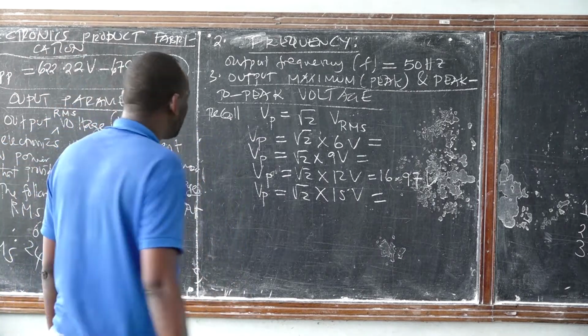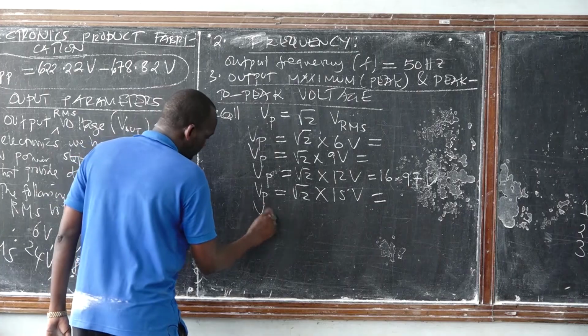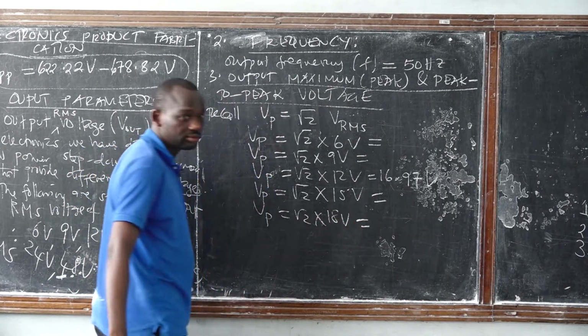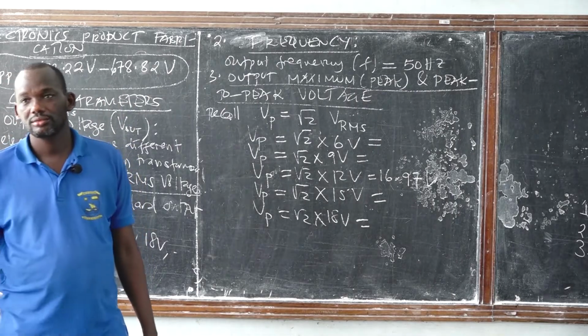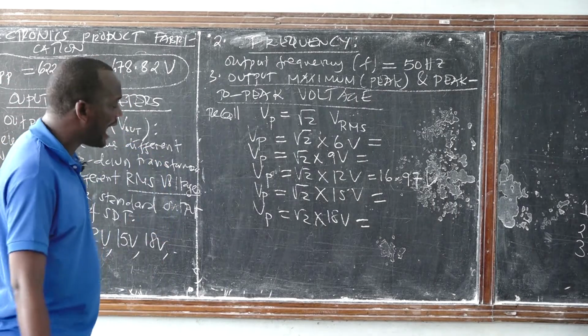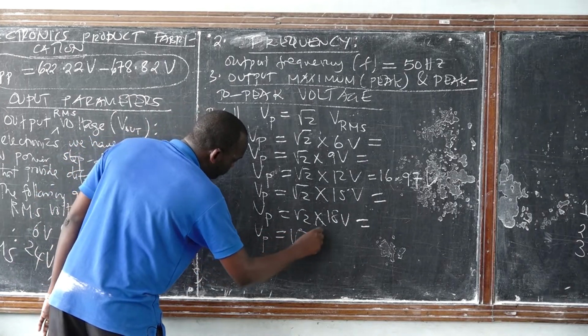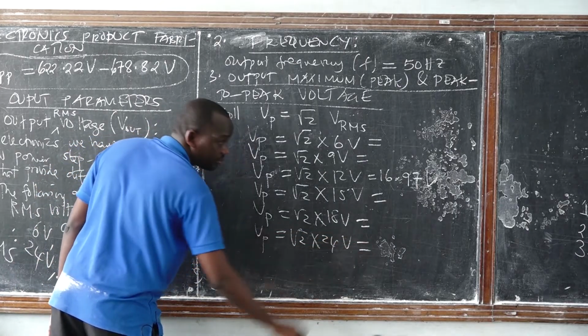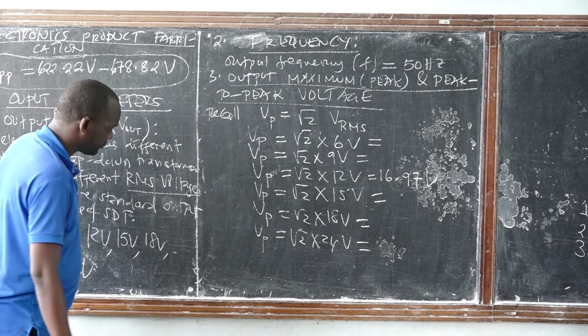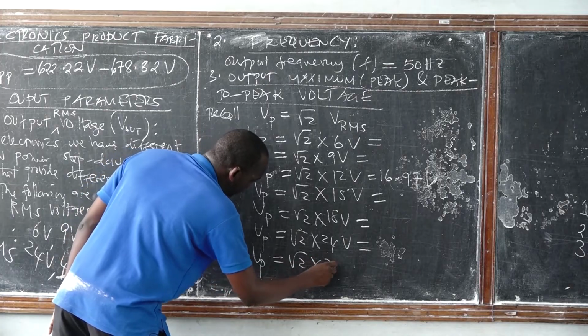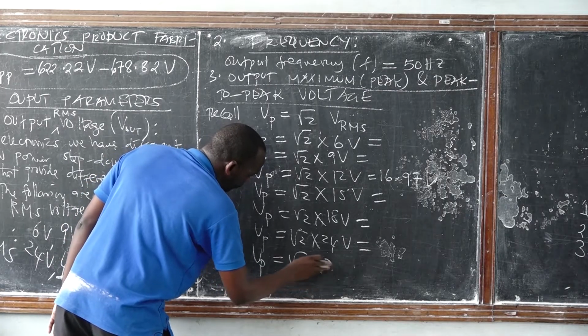Brighton, square root of 2 times 18 is equal to what? Mugisha, V peak is equal to square root of 2 times 24 volt. Nura, V peak is equal to square root of 2 times 48.